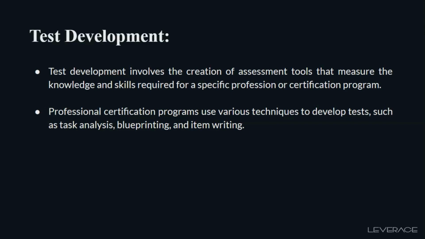Then you have what is called task analysis. Task analysis talks about, for instance, when you assemble the subject matter experts, they will help the test vendor, that is the organization, alongside the psychometrician, to identify all the skills, all the tasks that are usually performed by the people working in that particular industry.